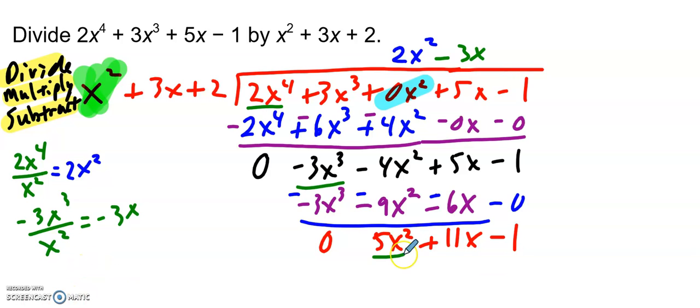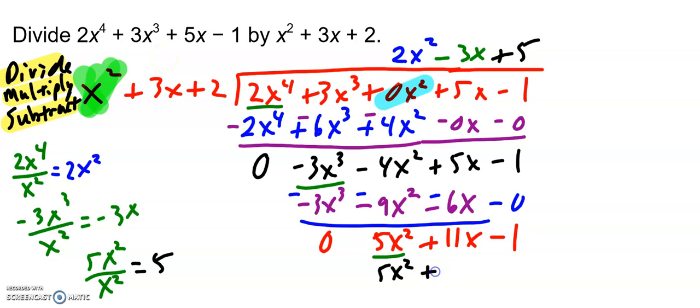So now I'm going to take the 5x squared, and I'm going to divide by x squared again. And this becomes 5. So I write plus 5. Now I'm going to multiply. 5 times x squared is 5x squared. 5 times 3x is 15x.